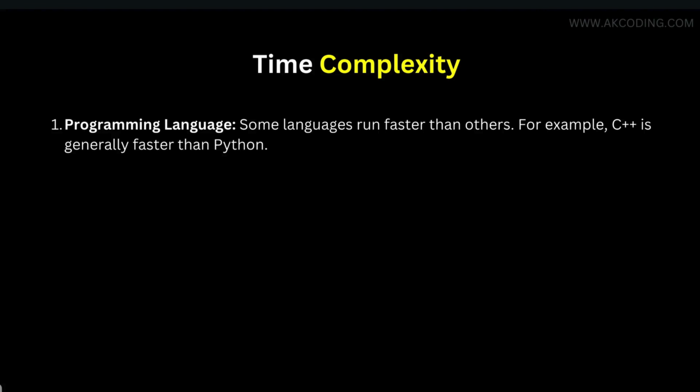So there is a big difference between C++ and Python. That's why the runtime will differ when we choose a different programming language. But we require time complexity analysis that is absolute, that is not dependent on programming languages, right?